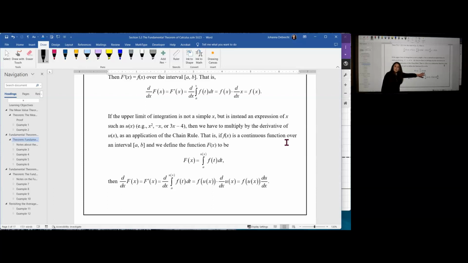Remember, this is the definition of the antiderivative function, and the derivative of it is what we are computing down here. The derivative of the antiderivative gets us back to f of u of x times du dx.